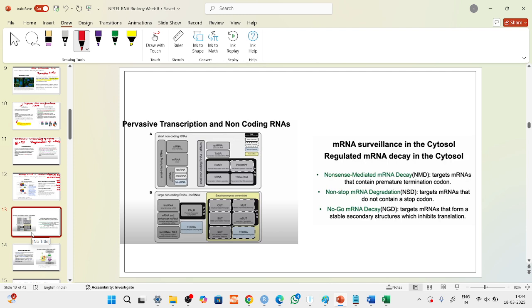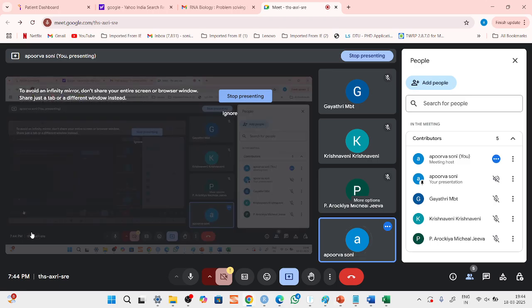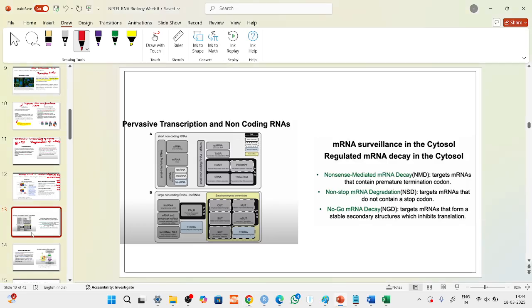It can be a missense mutation, or it can be a nonsense mutation. The first category is missense mutation, and the second one is nonsense mutation.